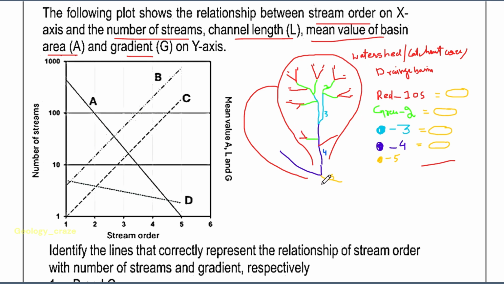This blue line has some area. In a similar way, this third order has some area. That green one also has some area, and this first order also has some area. All have separate areas. For everyone, a separate area will come.